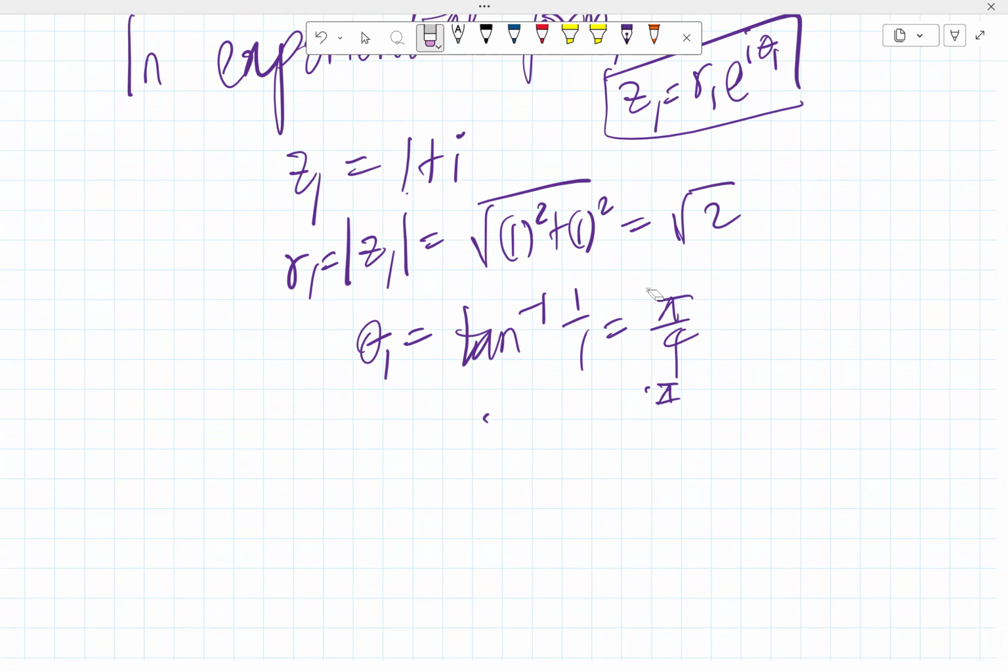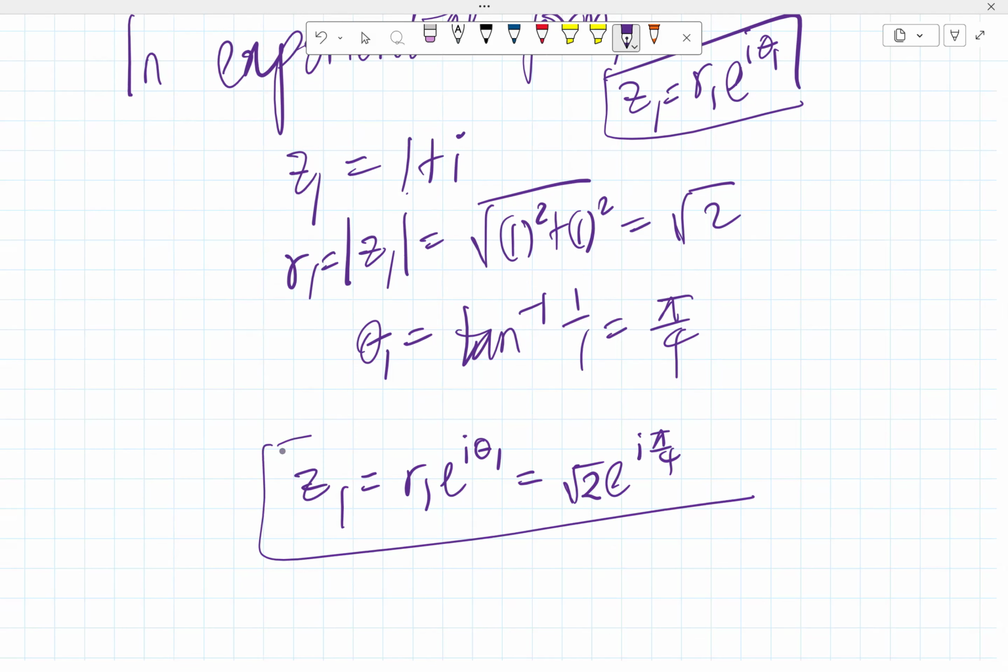So z1 now is r1 e raised to the power i theta 1, and that is root 2 e raised to the power i pi over 4. So we have that first.